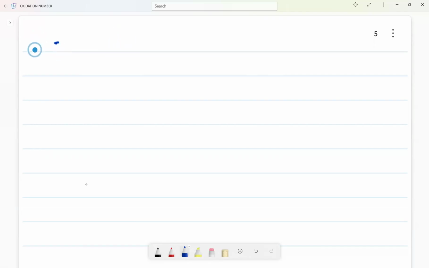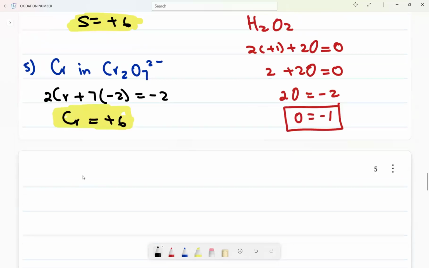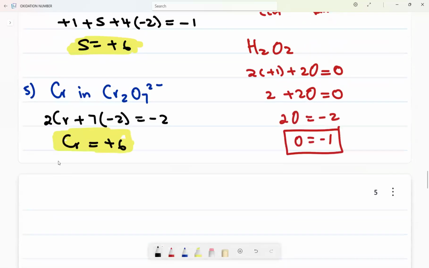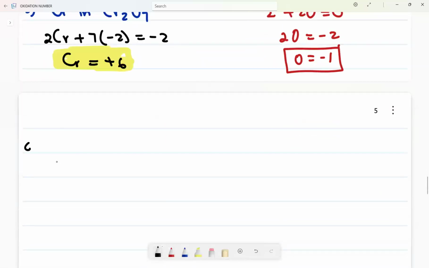I need to do this example now. Let me make it the last example, number 6. HOCl. Now let's find the oxidation number of Cl in this.